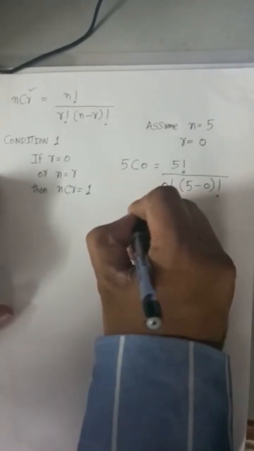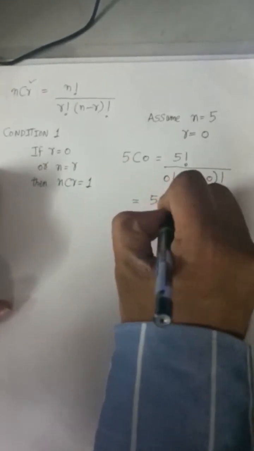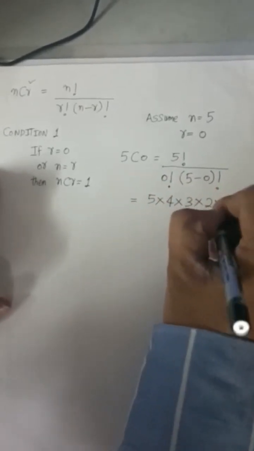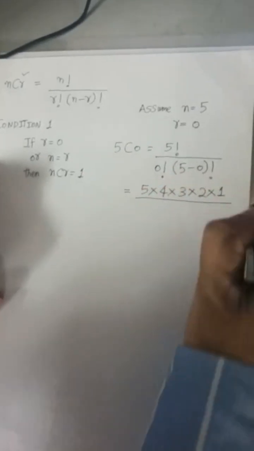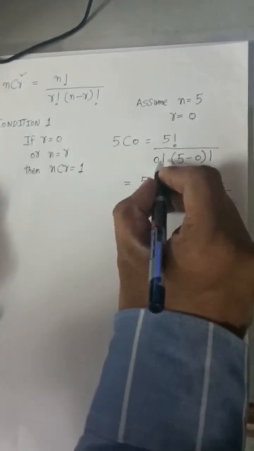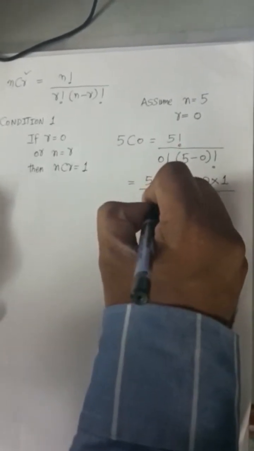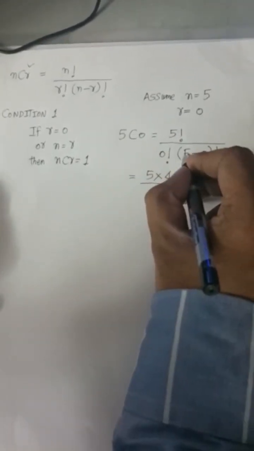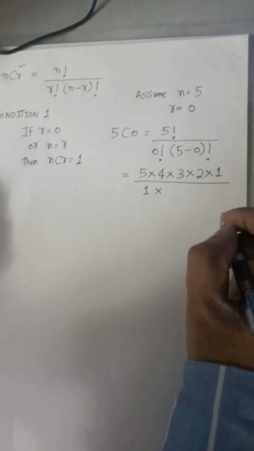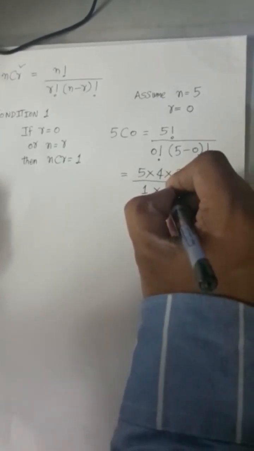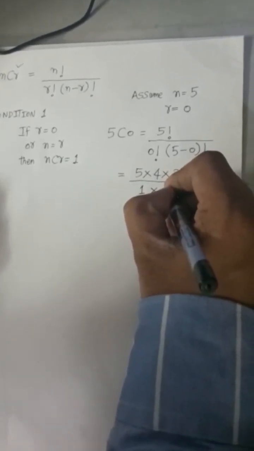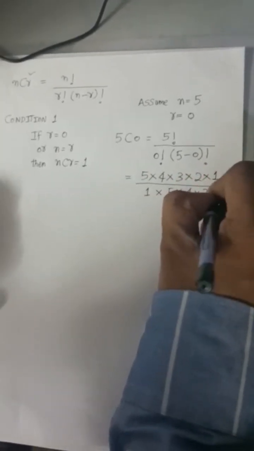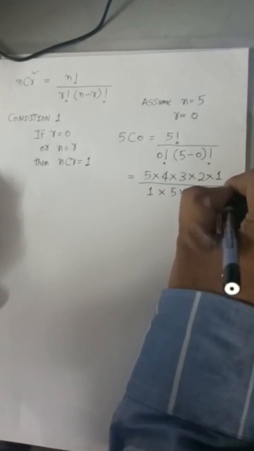So 5 factorial, how will we write? 5 into 4 into 3 into 2 into 1. Now in the denominator, 0 factorial value always will be equal to 1. Then again 5 minus 0 is 5 only, so 5 factorial, again 5 into 4 into 3 into 2 into 1.